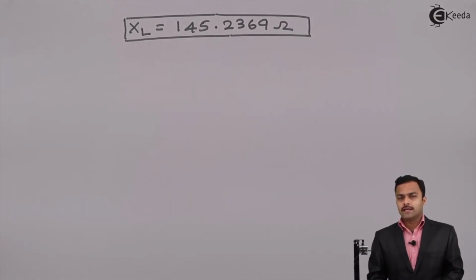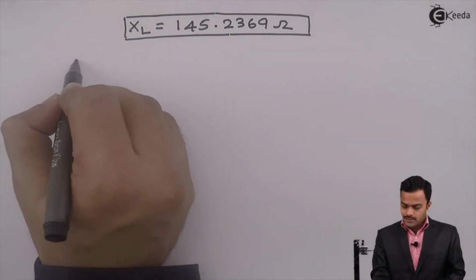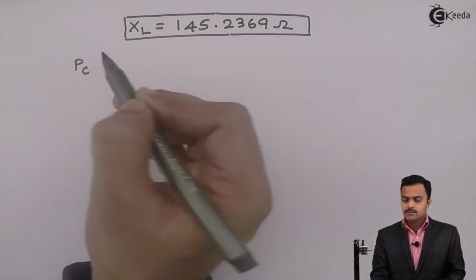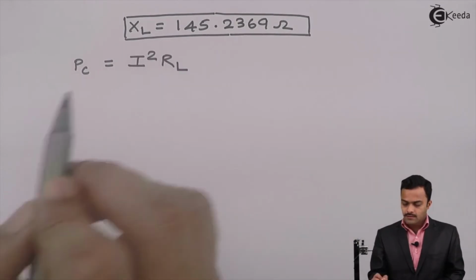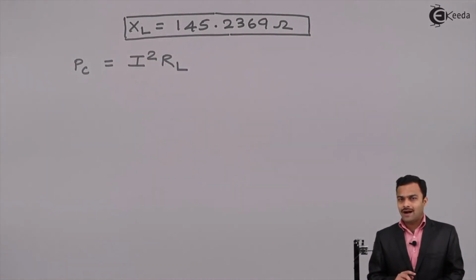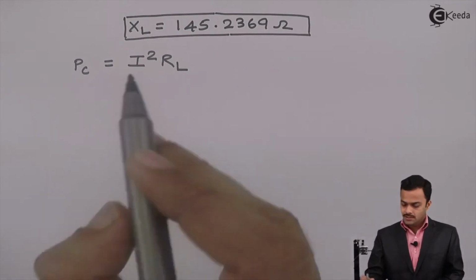We are supposed to find out power consumed by coil. We have seen that as far as AC circuit is concerned, only resistance is the parameter which is responsible for consumption of power. So in coil also, power consumed in coil is nothing but I square RL, because out of RL and XL, RL pure resistance is responsible for consumption of power.